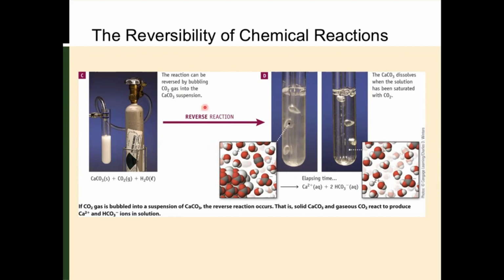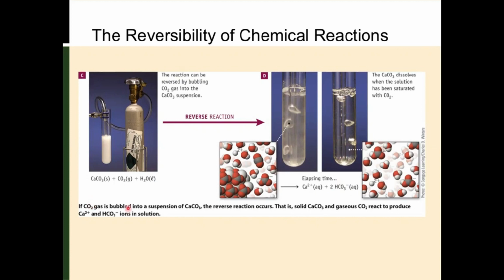And so that carbon dioxide will react with the calcium carbonate to give calcium ions that are dissolved and hydrogen carbonate ions. So the hydrogen carbonate and the calcium ions can then be dissolved in water. And we'll eventually go from this cloudy white through to a clear or colorless solution.